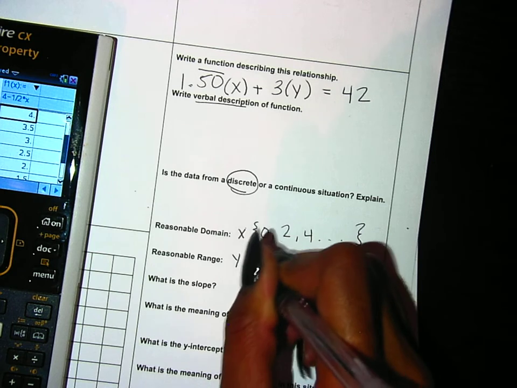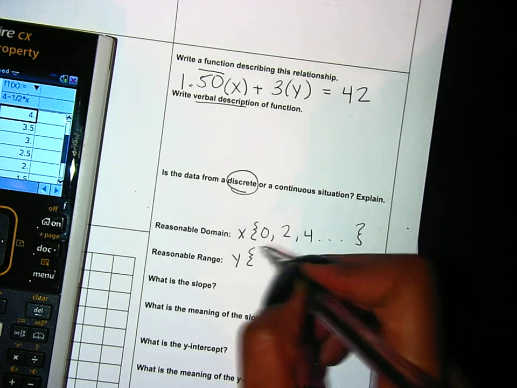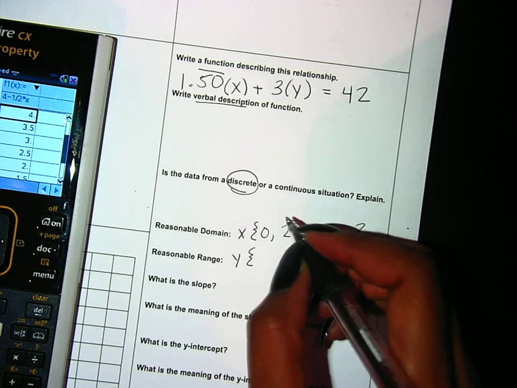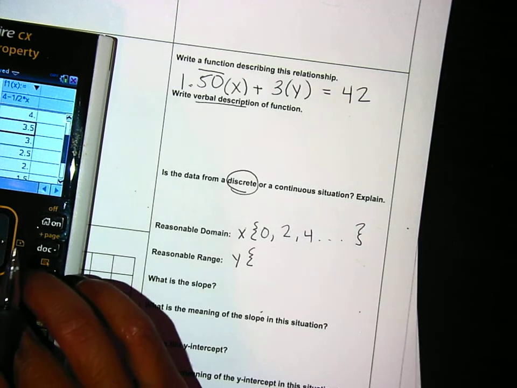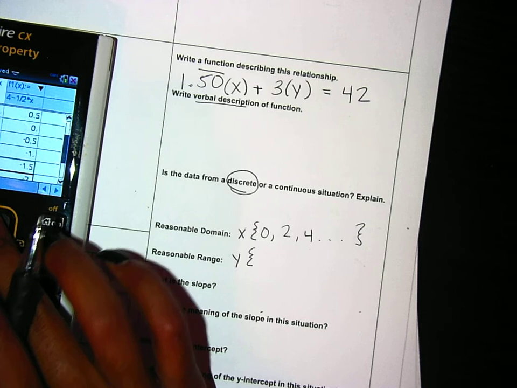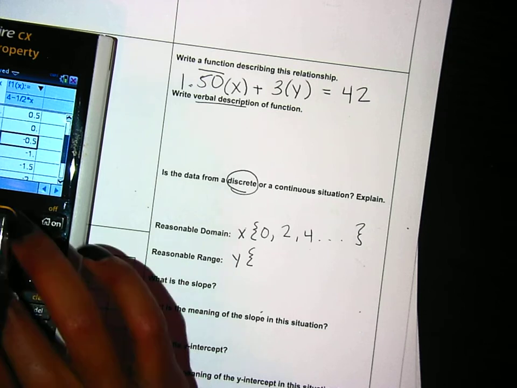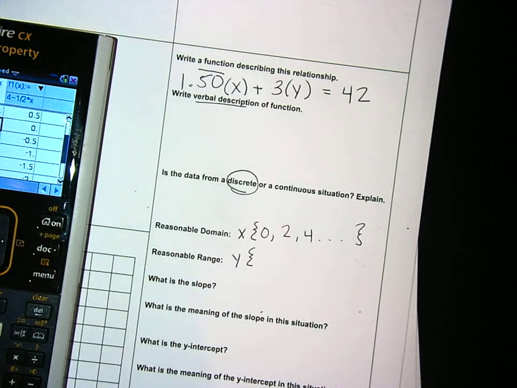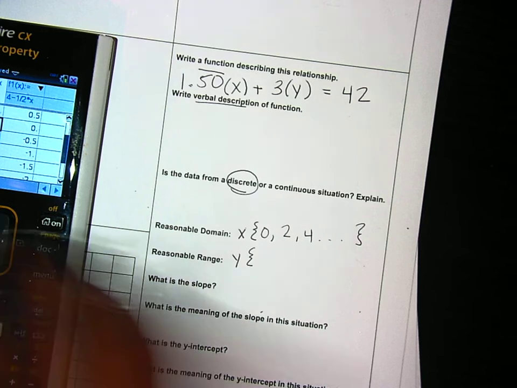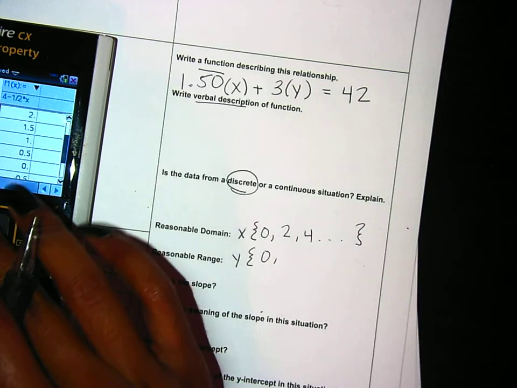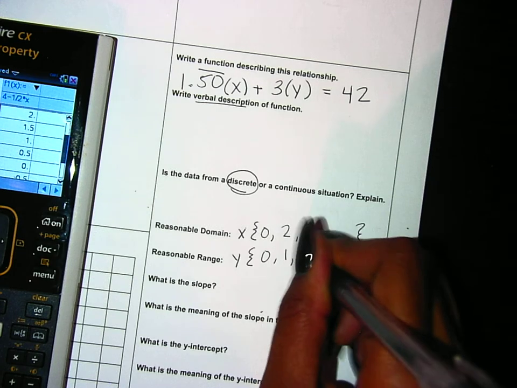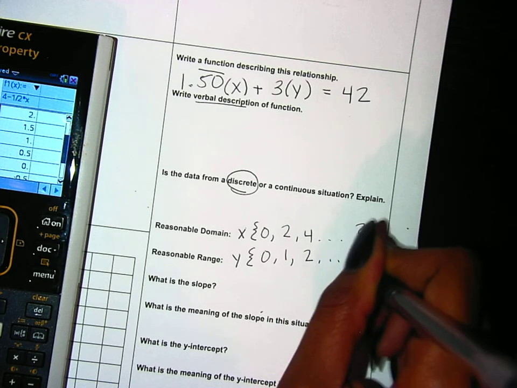Range is your Y values, so here you're just going to write down your Y values. You could purchase how many videos? You can purchase a lot of videos. Start with 0, of course. You can purchase 0. You can purchase 1, 2, and keep going.